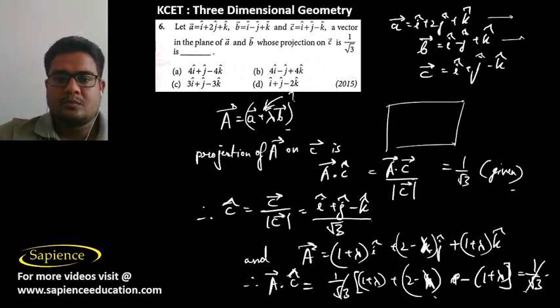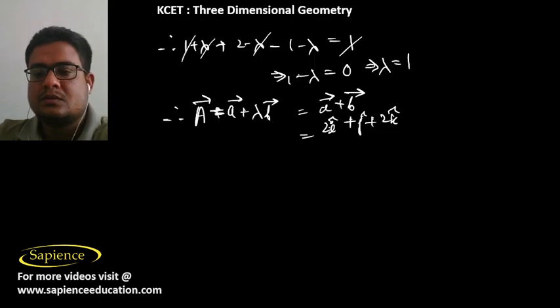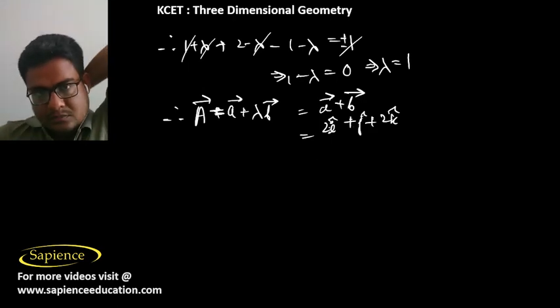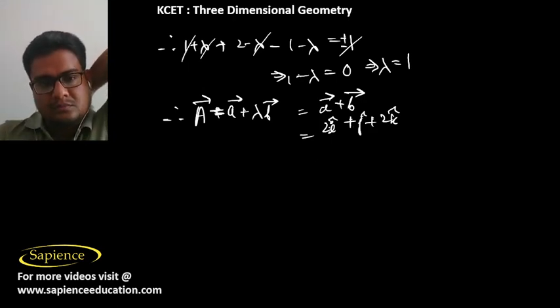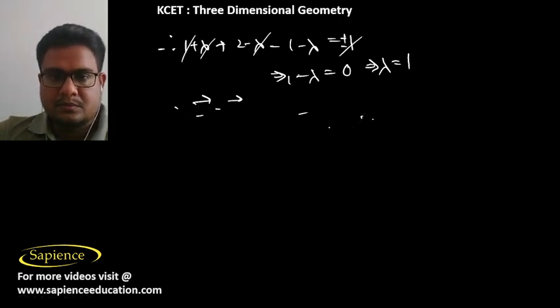So the projection, when you have to find, you have to take the mod actually. Take the mod of this. This is plus or minus 1. Wrong here.